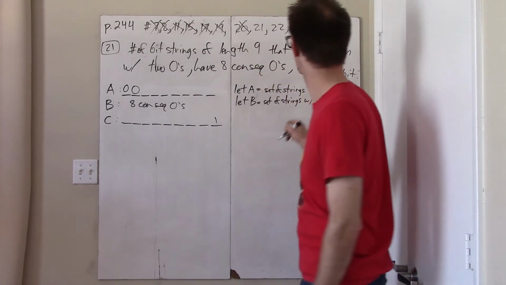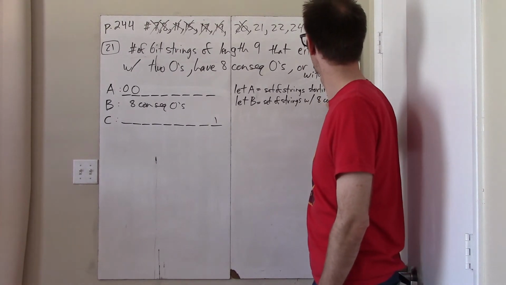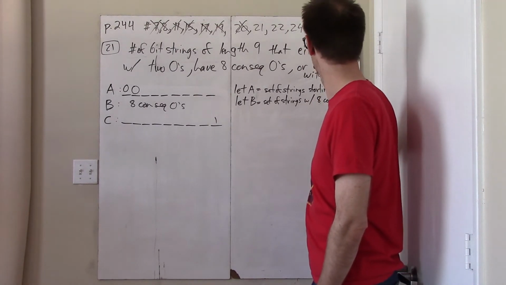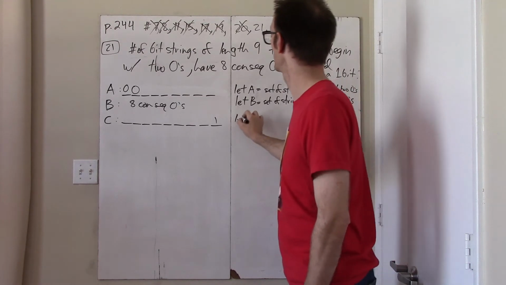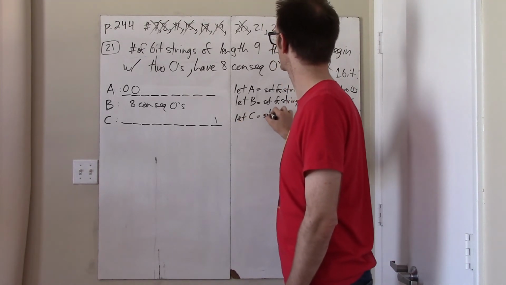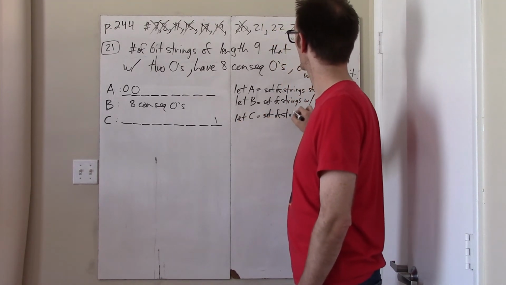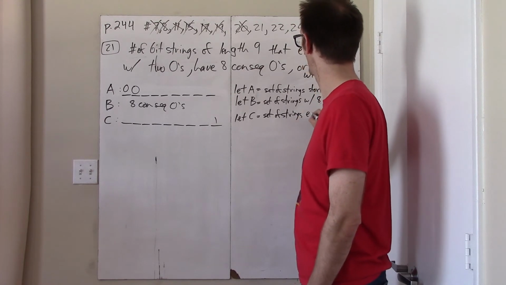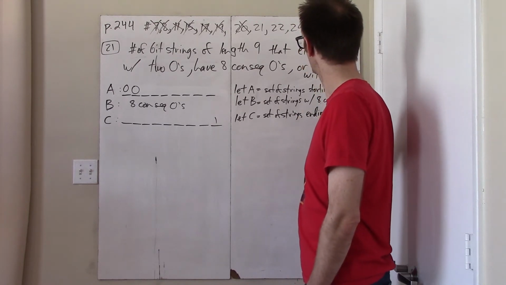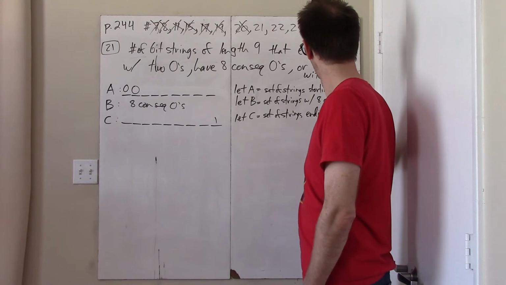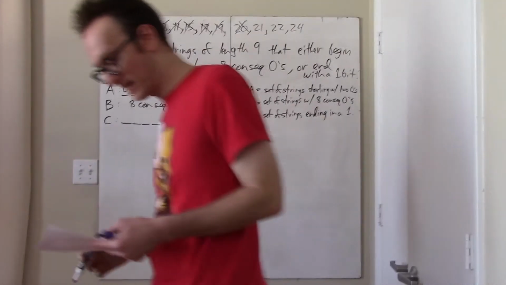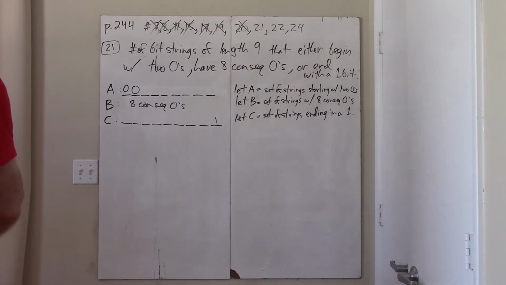The set of strings with 8 consecutive zeros. And let C be the set of strings ending in a 1. Now note that the very thing being asked is the number of strings of length 9 that begin with 2 zeros, have 8 consecutive zeros, or end with a 1.